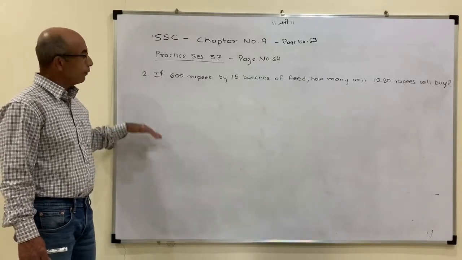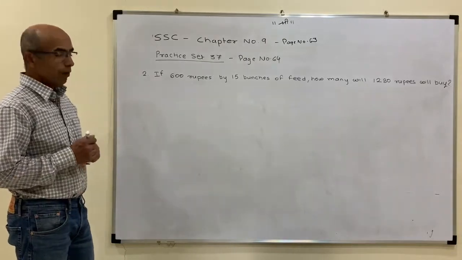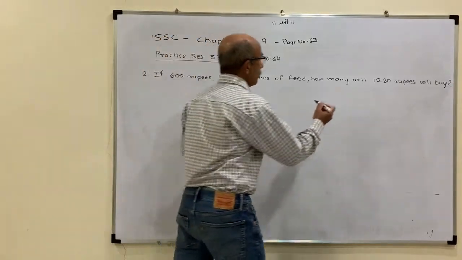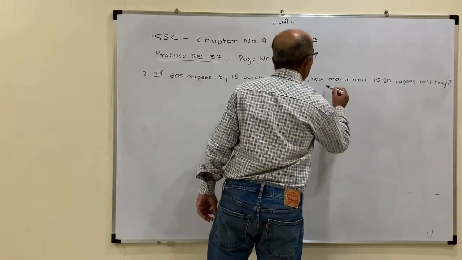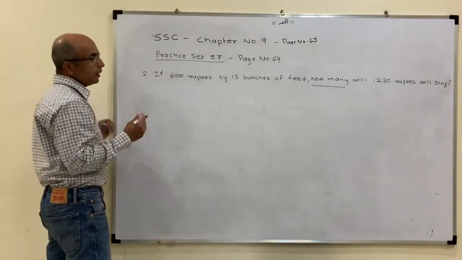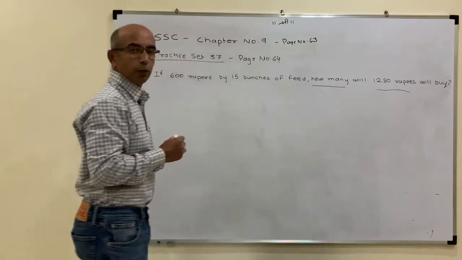If you miss something, then redo the problem. Okay. Now again, say what is to be found. How many bunches can be bought with 1280 rupees.